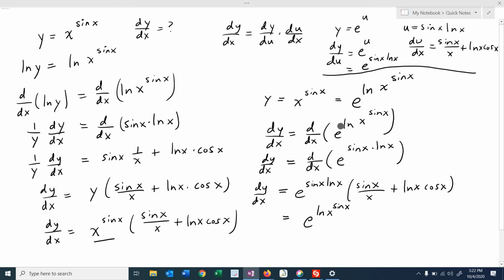You can pull the exponent down and multiply it in front. You can also take this and move it up as an exponent. Okay. And what does that do for us? Well, these are inverse functions of each other. Right? Remember, e raised to the ln of x raised to the sine of x is the same as x raised to the sine of x. So you get the same answer.